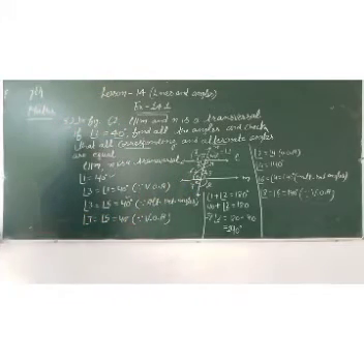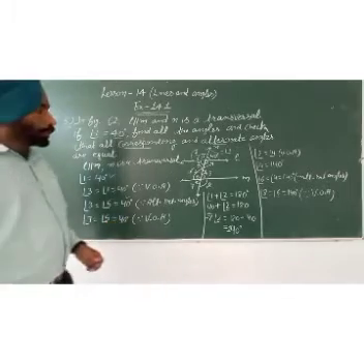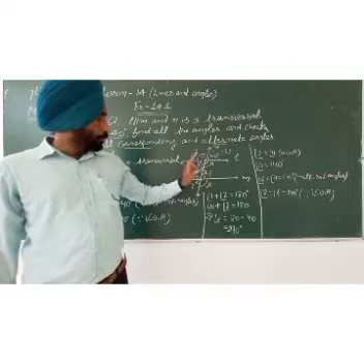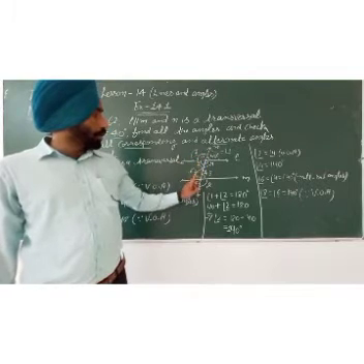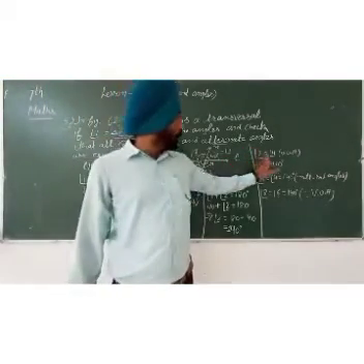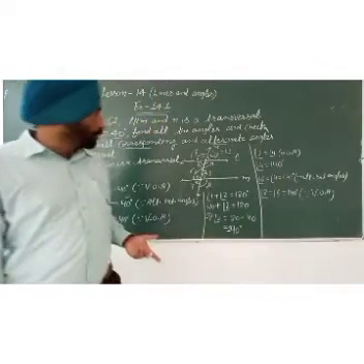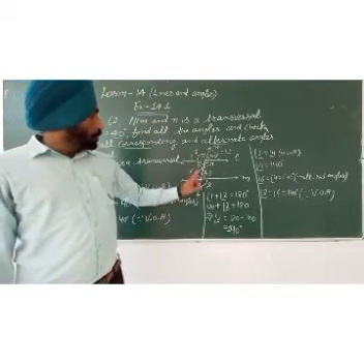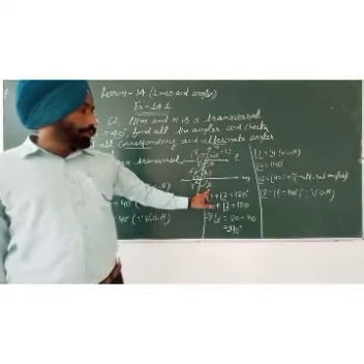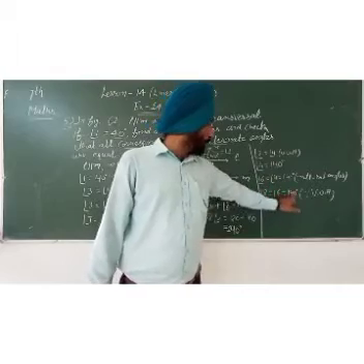Are they equal? Yes, 1 is 40 and 7 is also 40. Next is angle 2 and angle 6. They are corresponding angles. 2 is equal to 140 and 6 is also equal to 140. Yes, they are equal. 2 and 8 are alternate exterior angles. Yes, 2 is 140, 8 is also 140.